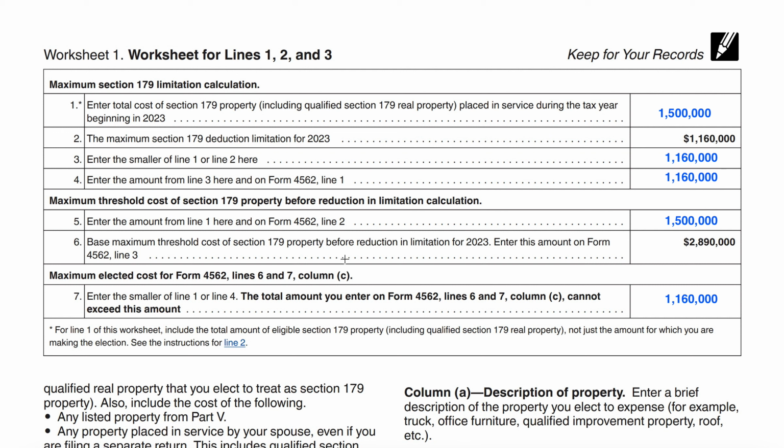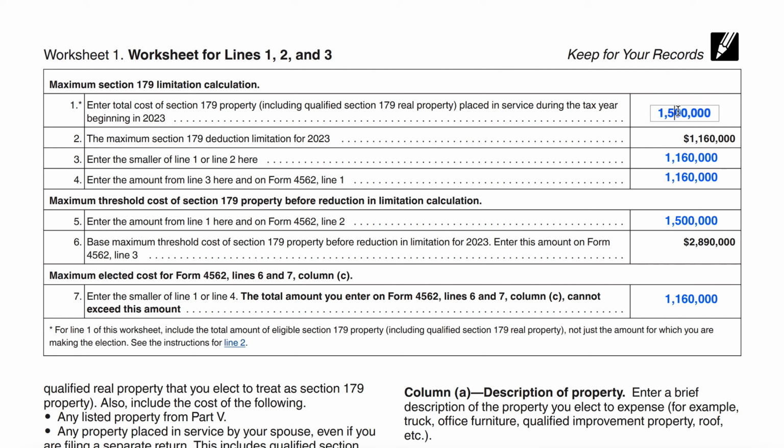So the maximum elected cost for Form 4562 is the smaller of either line 1 or line 4, which in this case is the $1.160 million. Now the total amount that you enter on lines 6 and 7 for this form cannot exceed this total limitation. So basically it circles back to the maximum Section 179 deduction.